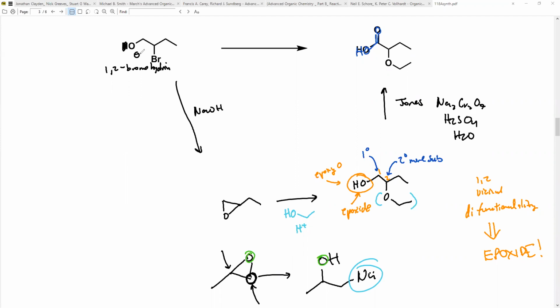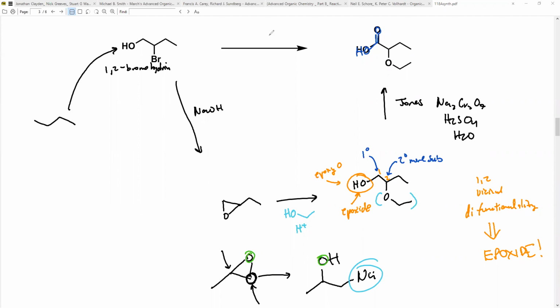This will be deprotonated and this will close the ring. Okay, so this is also kind of a dead giveaway that you're using an epoxide. So it's a little boring, but at least we can reason our way backwards how to do this. If we learn this foundation now, in 118B this question can get asked again from a harder standpoint. Actually, in 118B, I can start from here and expect you to get from here to here to here. Okay, you'll have an easier time navigating this if you understand the retrosynthetic pathway.